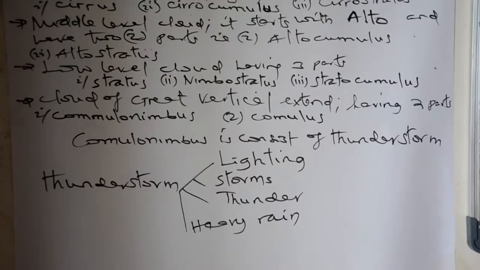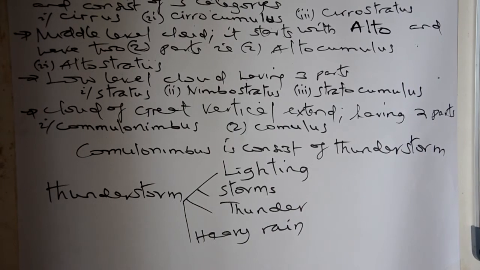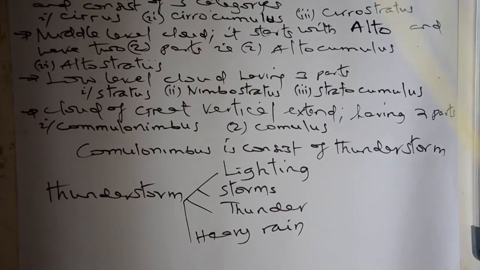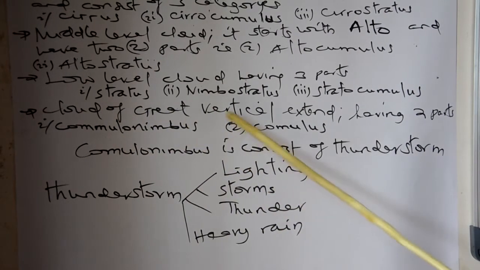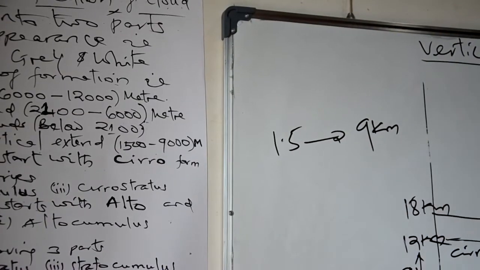Next is cloud formation of great vertical extent. Under this category, there are 2 types, starting from 1.5 kilometers up to 9 kilometers above sea level.